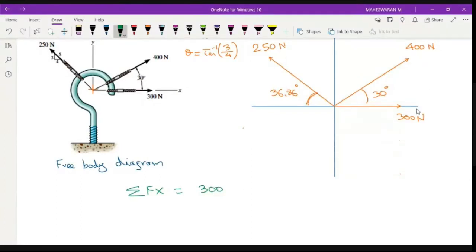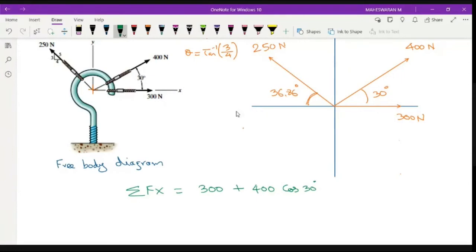400. Bring it to x. Your angle is decreasing, and it is also the positive x-axis. So since your angle is decreasing, it will be cos. So plus 400 cos 30 degrees, right? This one, bring it to the x-axis.